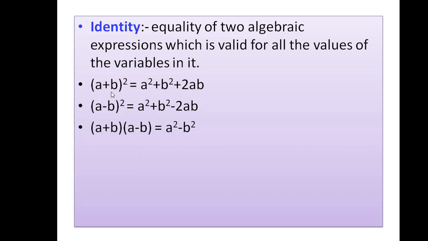Instead of a and b, if you give any number also, then this identity will hold for those constants also. That is why it is called an identity. So a few identities I have given here. Then a minus b the whole square equals a square plus b square minus 2ab. Then the third one, a plus b into a minus b equals a square minus b square. I hope you understood the terminologies which I have shared with you.